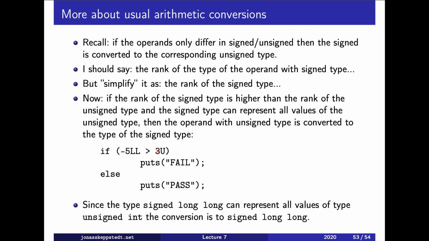And that means we compare -5 and 3 both in type signed long. So that is false, and the compiler should produce code. When we run this program, it should print pass, unless the compiler is buggy.